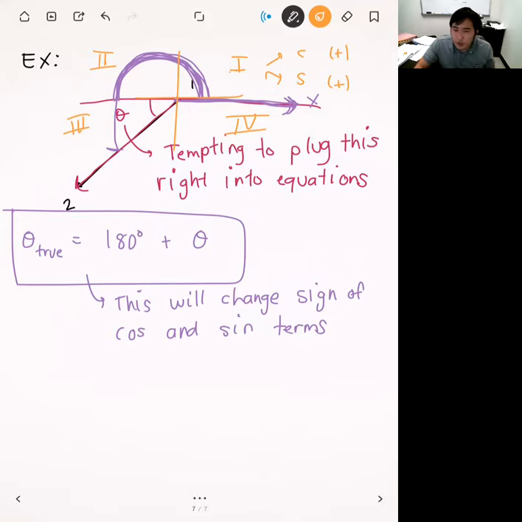terms, okay? Remember, cosine is usually most associated with the x component, and sine is usually most associated with the y component. In quadrant 2, we're still above the x-axis, but we're to the left of the y-axis, and so cosine will be negative, while sine will be positive. In quadrant 3, both cosine and sine will be negative.